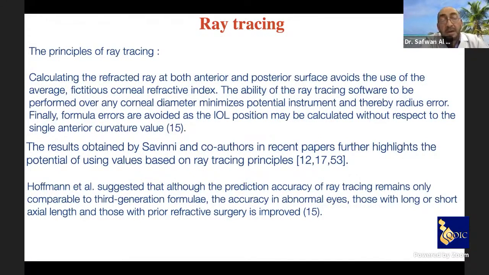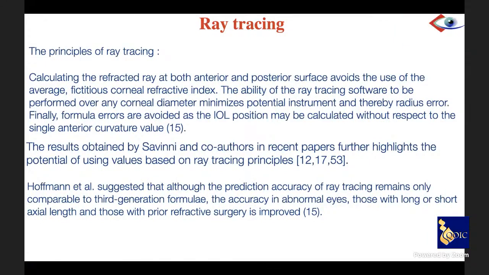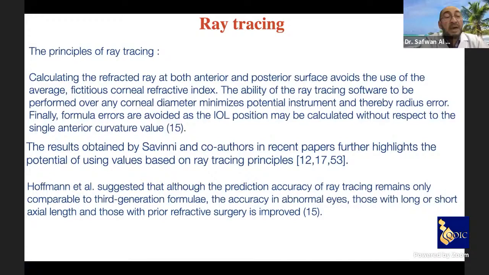Finally, formula error is avoided as the IOL position may be calculated without respect to the single anterior curvature value. The results obtained by Savini and co-authors in a recent paper further highlight the potential of using values based on ray tracing principles.